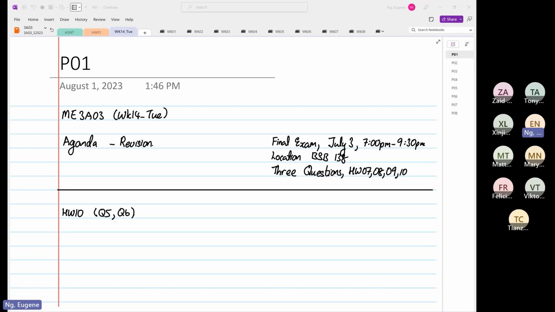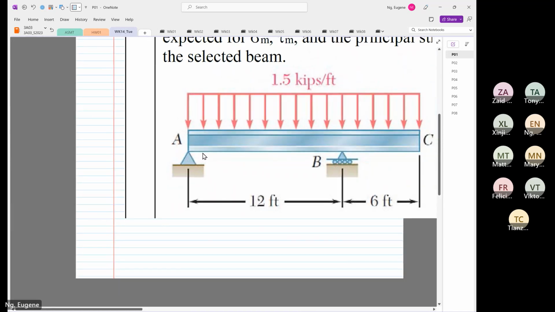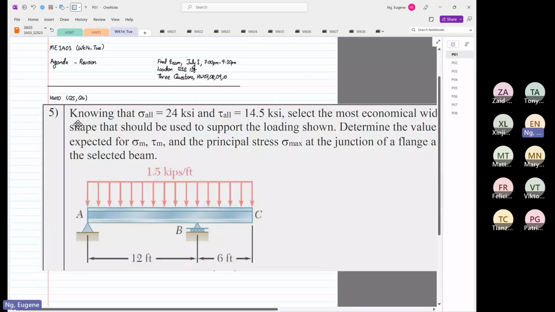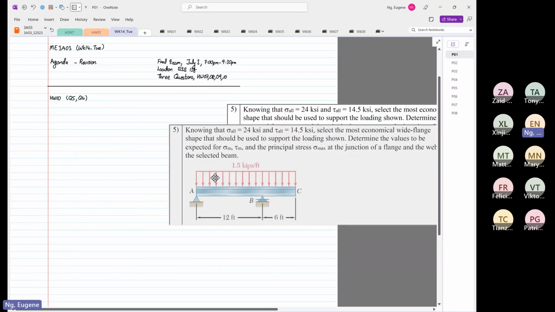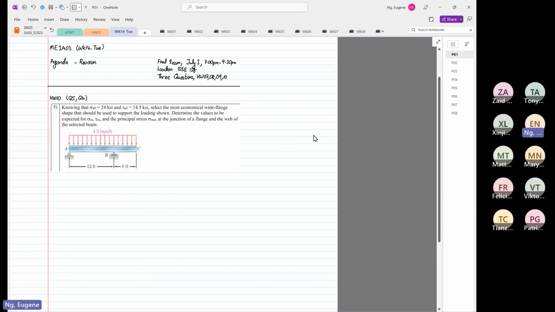So let me look at the homework. We are given that the allowable stress is 24 ksi and shear is 15.